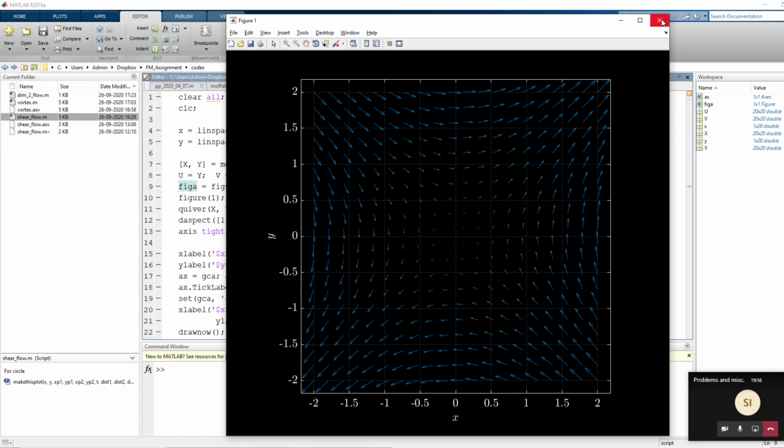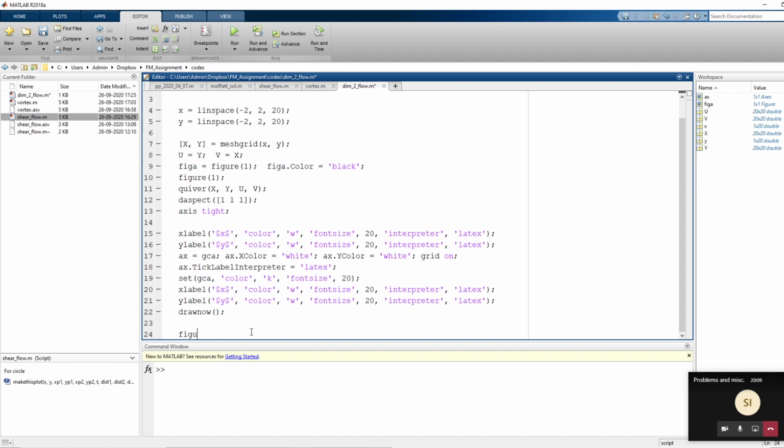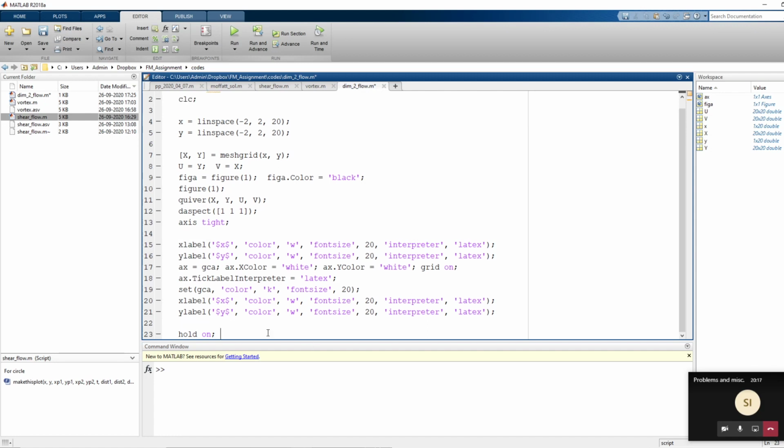So in fact, let us draw those lines also. Let us draw the streamlines. Let's not waste any time. So I will go over here. I will say hold on. I'll remove this draw now because we only have one figure. So hold on.